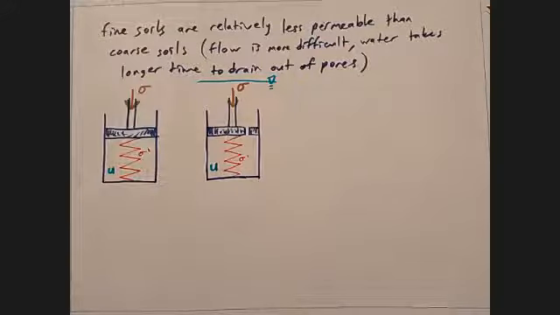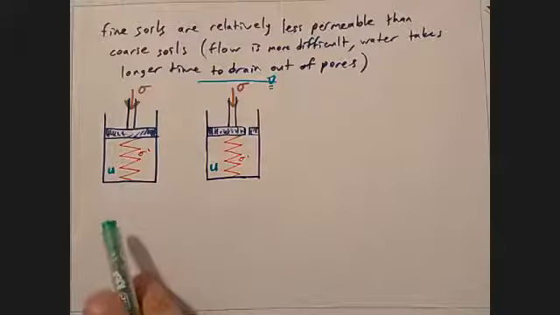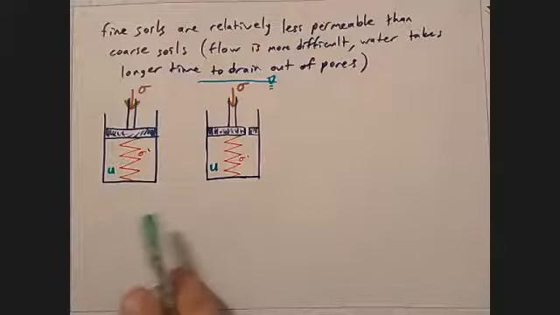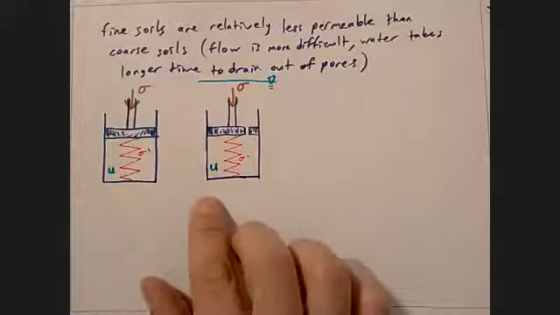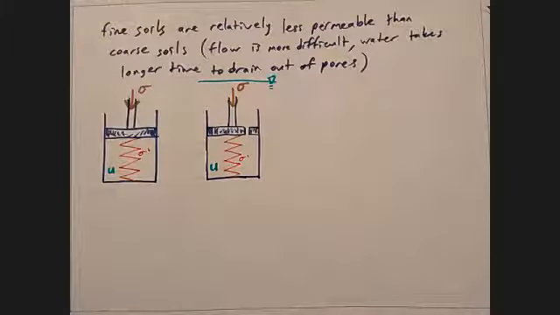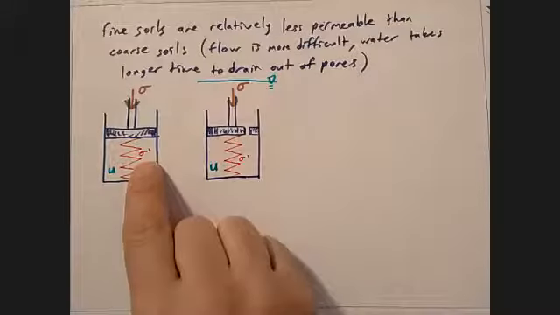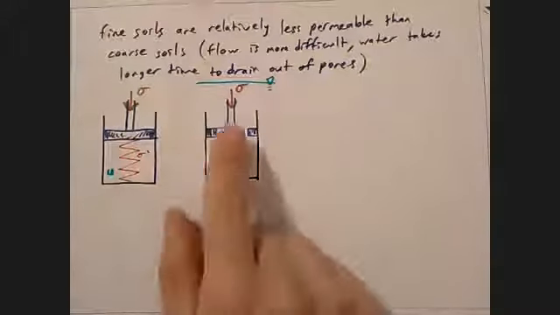Now, both of them are in equilibrium, and Terzaghi's effective stress principle works for both of them. The total stress is carried by effective stress plus pore pressure in both of them.